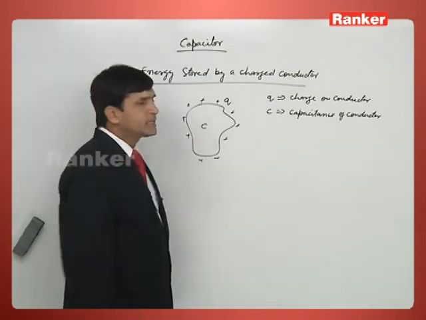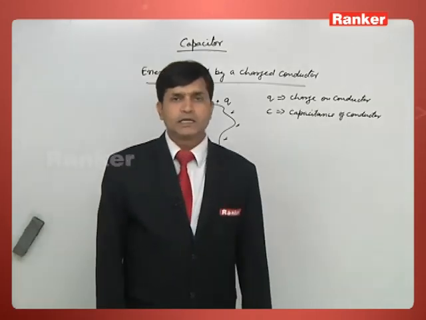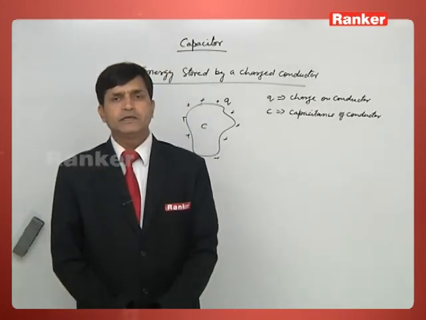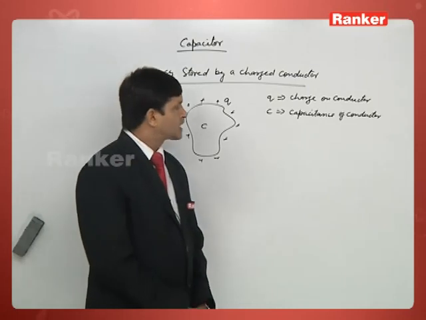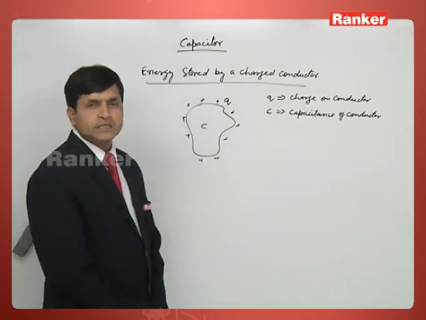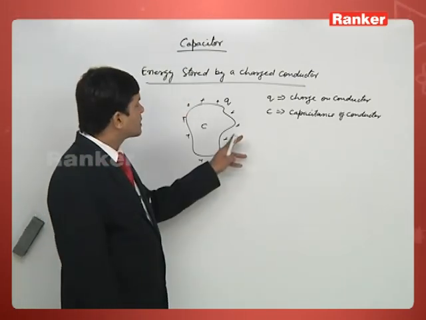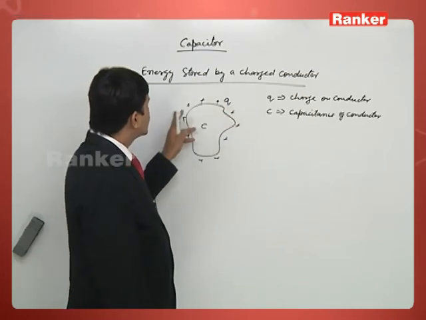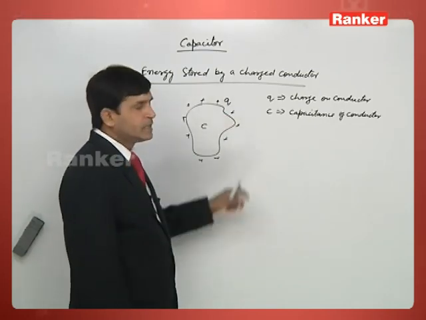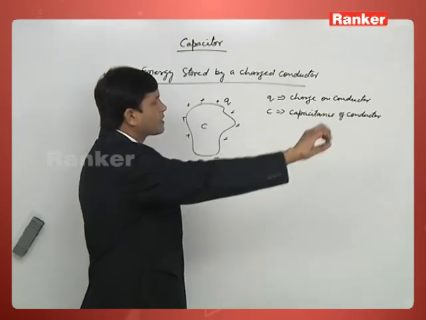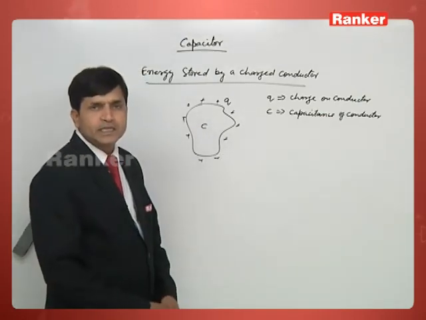In normal condition, all conductors are neutral. Neutral means they don't have any excess electrons or deficiency of electrons. So when we say the conductor is positively charged, it means some of the electrons have been taken out from the conductor.